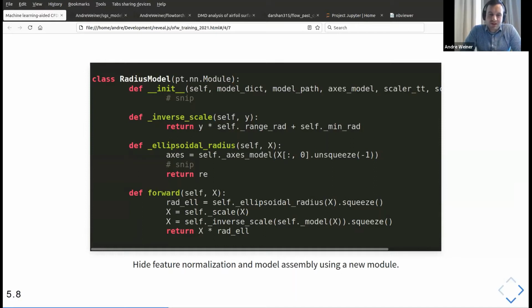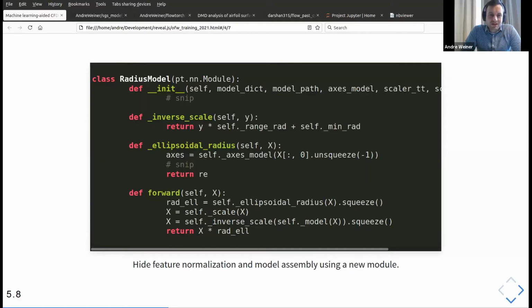Then whenever you run a forward pass through the model, you take the features coming from the simulation, rescale them as the training data was rescaled, run the forward pass, and then scale the output back to the right scaling for the simulation.